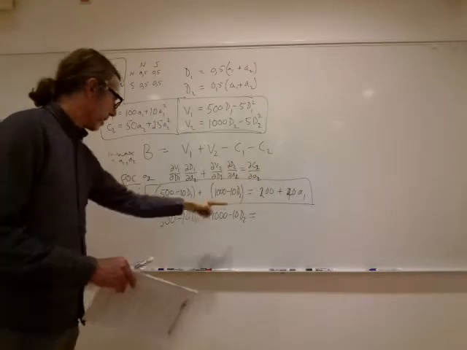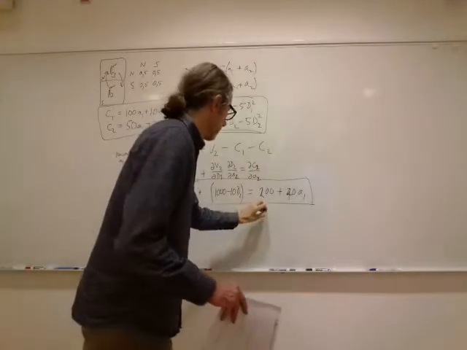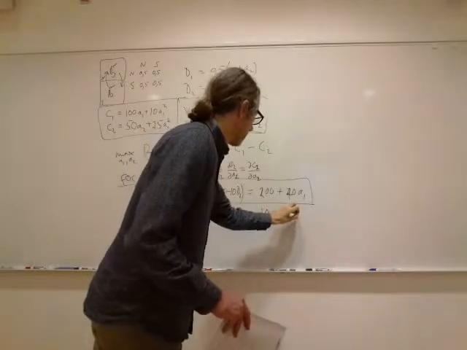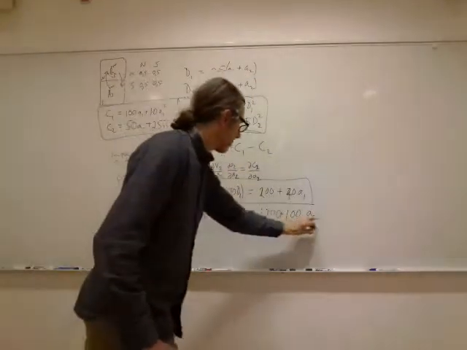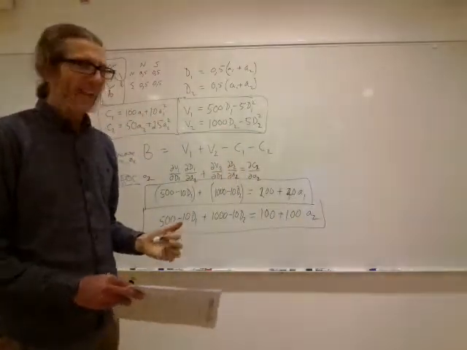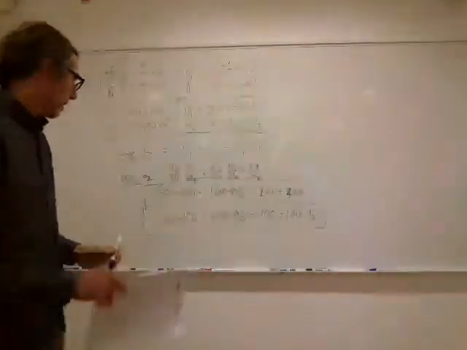Multiplying through by 2, it's 100 plus 100 A2. Yeah, we're getting there. Those are our two first order conditions.